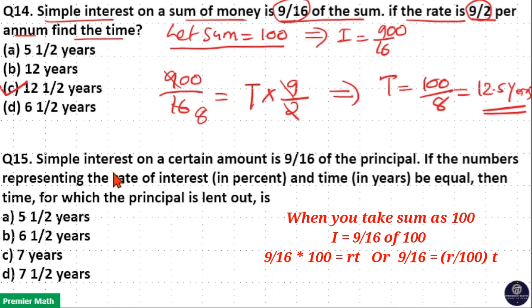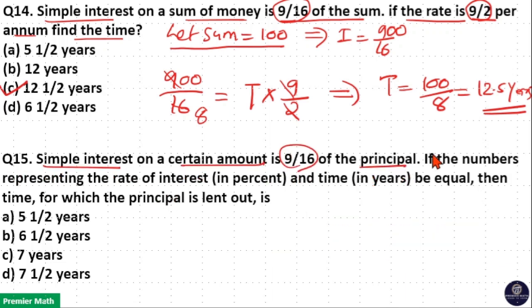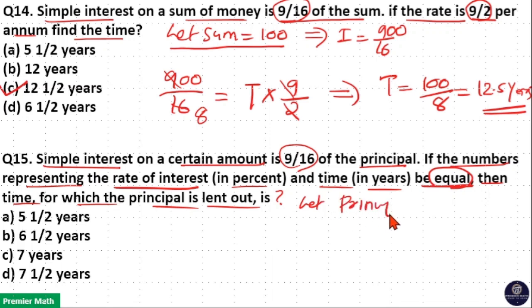Same way, second question: simple interest on a certain amount is 9 by 16 of the principal. If the numbers representing rate of interest in percent and time in years are equal, then find the time for which the principal is lent out. Here, let us consider the principal as 100 rupees. That means interest is equal to 9 by 16 of the principal.